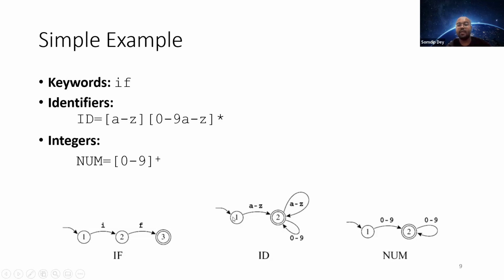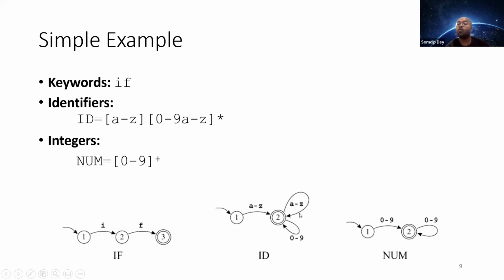Now, let's look at another machine, the finite automata for identifiers. This one accepts alphabet characters A to Z, and in the next state it will accept numbers and alphabet characters as well.